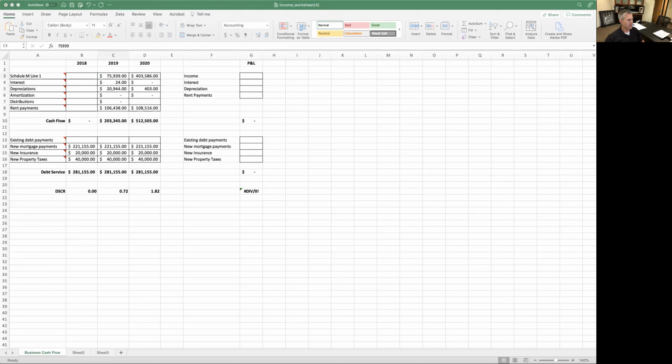Let's go to 2018. And we're going to do the same thing, go to M1. Okay, M1 income is 91,723. So again, higher than 2019. Interest is $22.